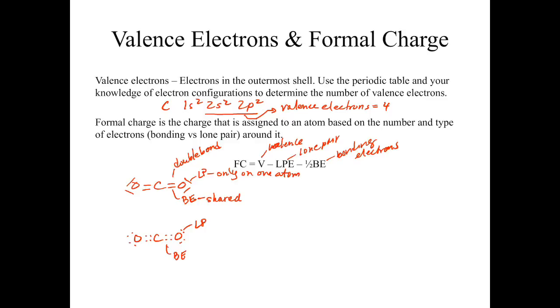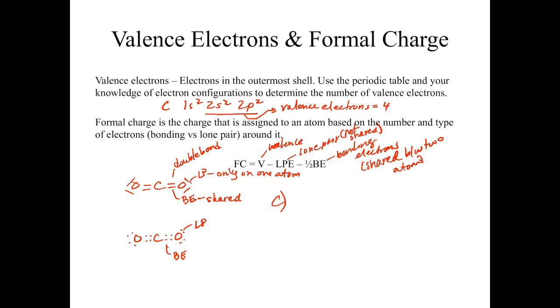Now, the reason why it's 1/2 of the bonding electrons is because the bonding electrons are really shared. So the lone pair electrons are owned by the atom and count fully, whereas for the bonding electrons, it only counts one electron of the two, because you think of the two atoms as sharing those electrons.